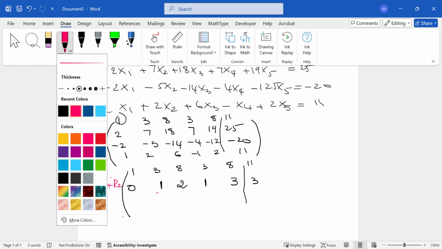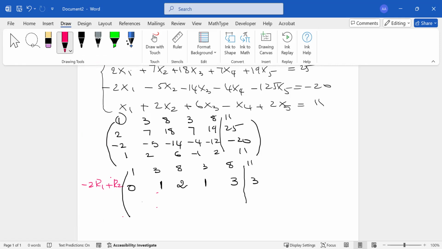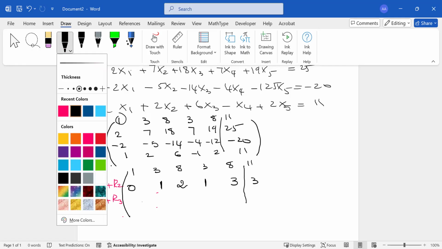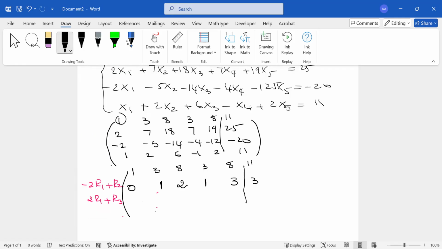So now we move to the next one. This one we just do 2R1 plus R3. We multiply everything in R1 by 2 and then add it to R3. So we're going to have 0 here, of course. 2 times 3 is 6 plus -5 is 1. 2 times 8 is 16 plus -14 is 2. 2 times 3 is 6, 6 plus -4 is 2, right?